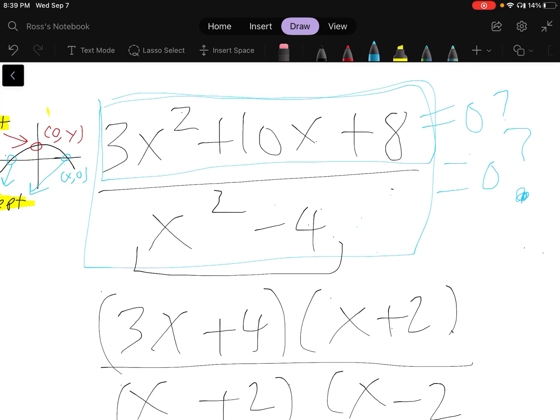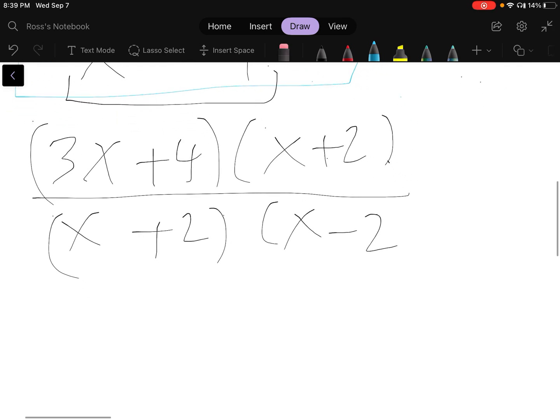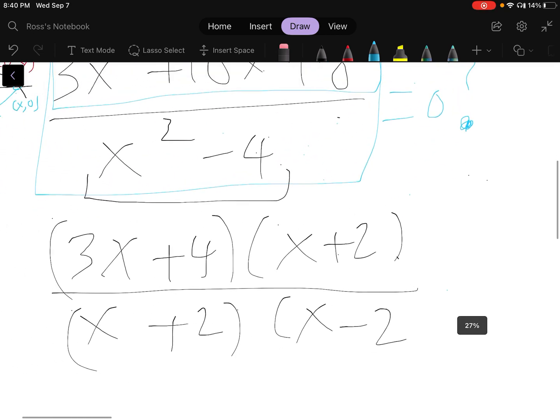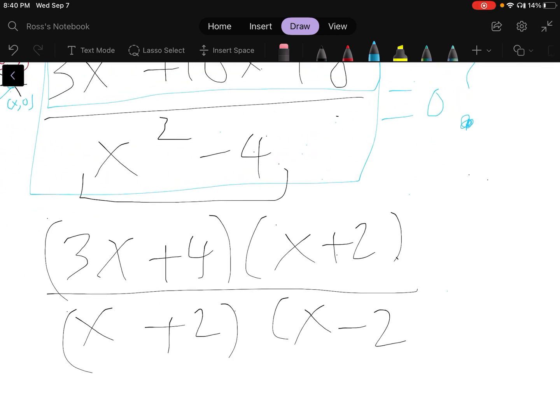Well, once again, factoring comes in really handy. I'm sure you did this, even if you didn't realize you were doing it, in Math 2. This is our factored form once again. Remember, I'm not concerned about the denominator. I am concerned about the numerator.